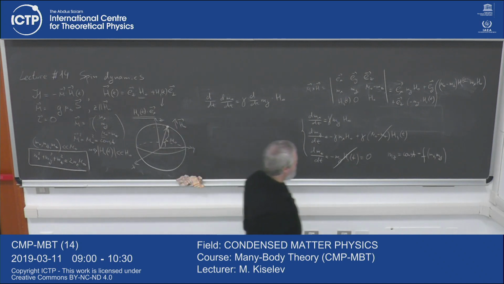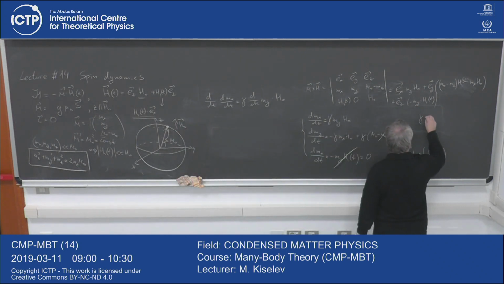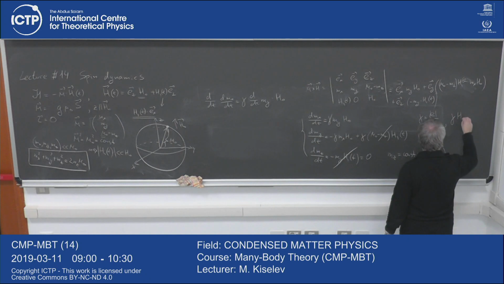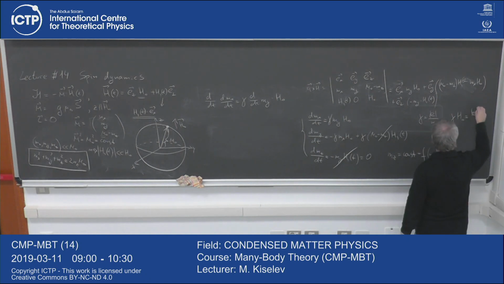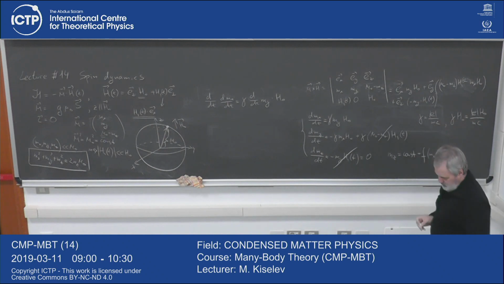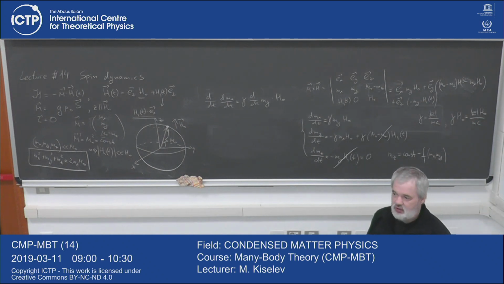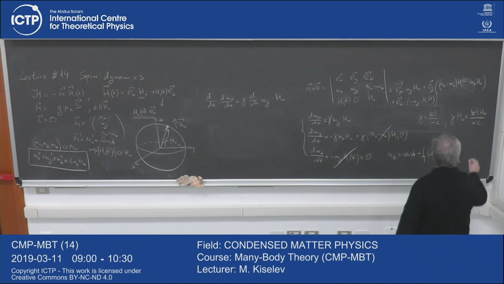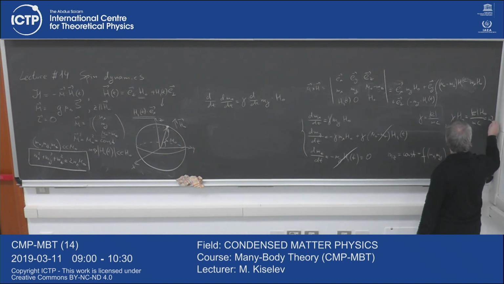I wrote that gamma is equal to e over mc. Therefore, gamma times h naught is modulus e h naught over mc. And you recognize that this is the so-called Larmor frequency. I will denote it omega naught.